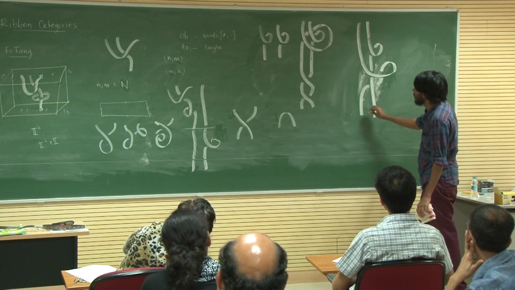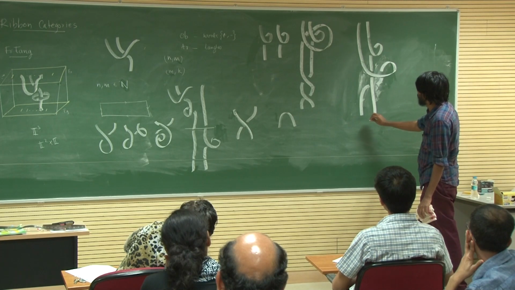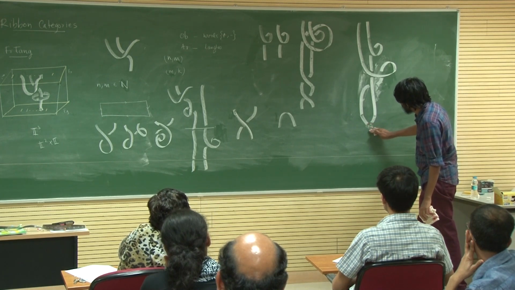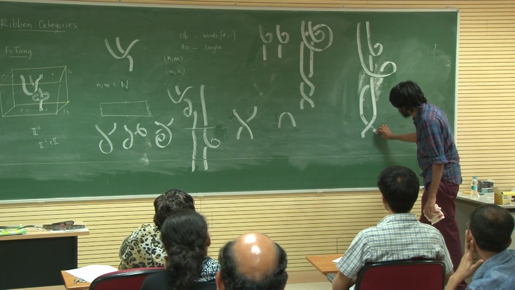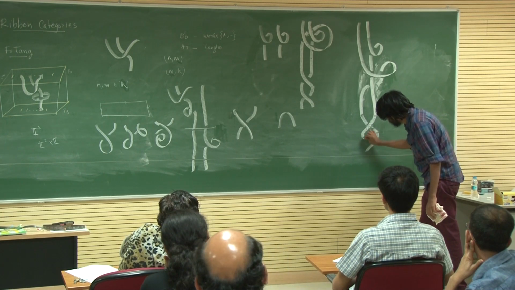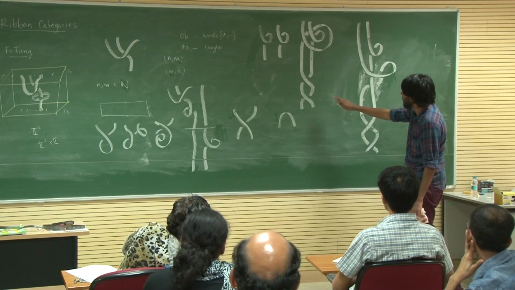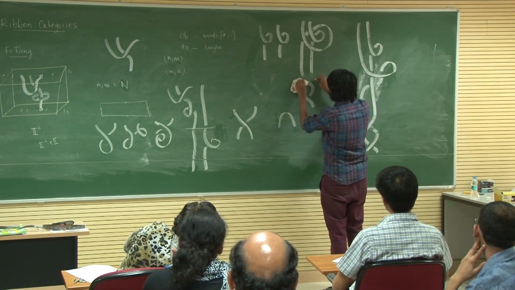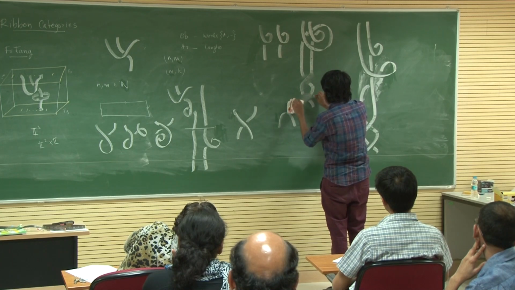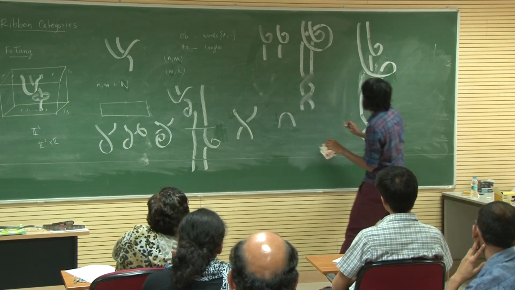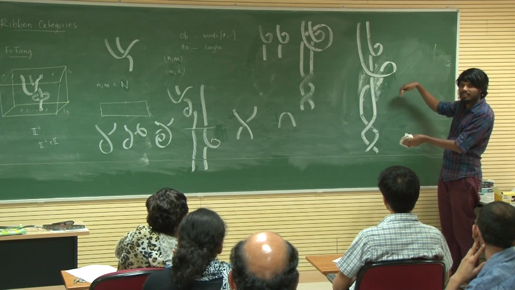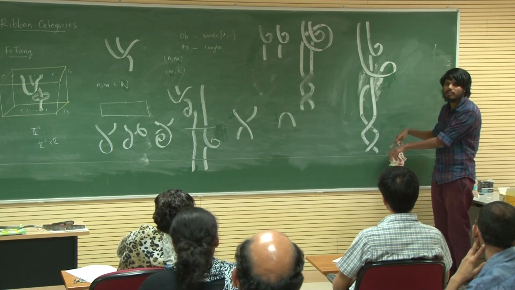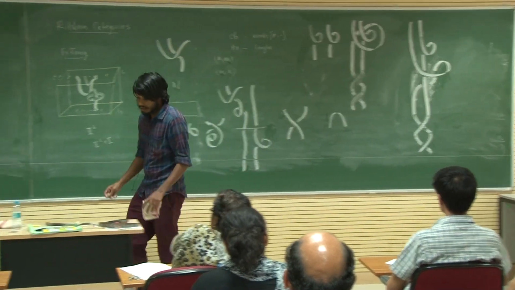Maybe I have twisted it differently. This is not the same as that, no? No. Yeah, sorry. So now this is just Reidemeister moves. Right? First I can just pull it apart, and then the second one also can be pulled apart. So this works.